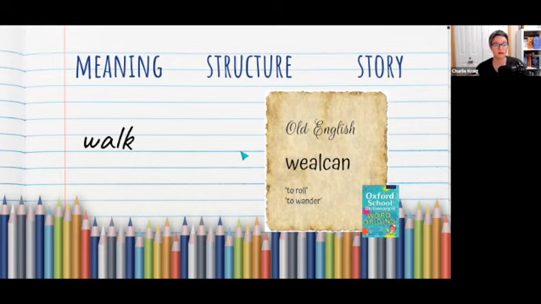And so that L is there as a flag or a nod to the history of the word. And so sometimes just knowing that story makes them go, oh, okay, I get it now. Or it can be the reminder. What did we learn about the story of walk? What letter did you miss in your spelling? Oh, right, there's an L in there because it's connected to Old English.